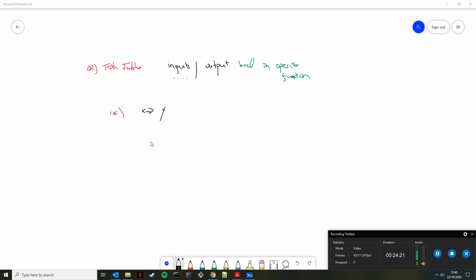If X is false, then you will always get a true output because, as anyone knows from doing proofs in mathematics, you can prove any hypothesis if your hypothesis to start off with is false. So again, we have 2 inputs, 0, 0, 0, 1, 1, 0, 1, 1. And our output is going to be X implies Y.